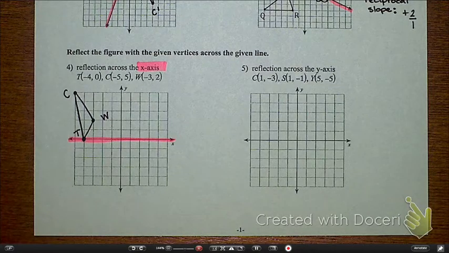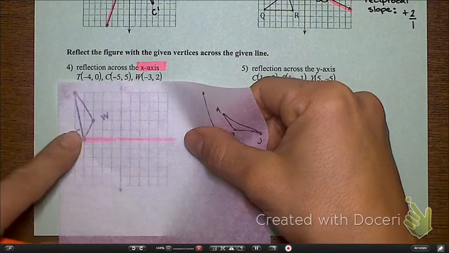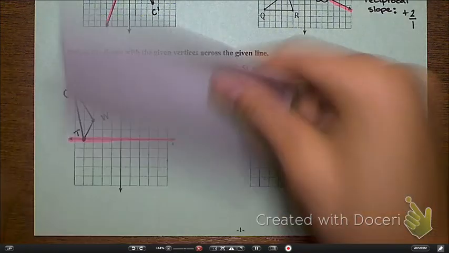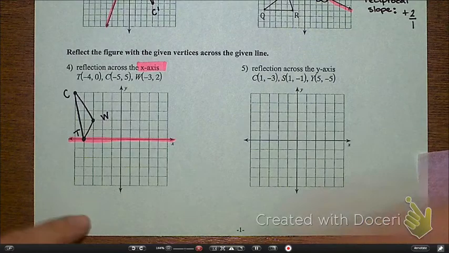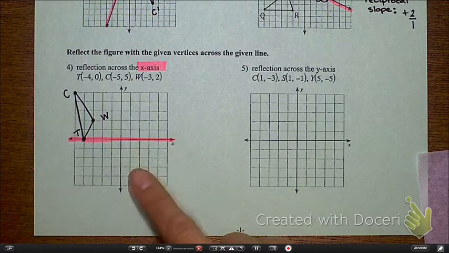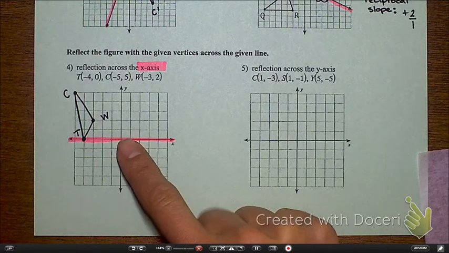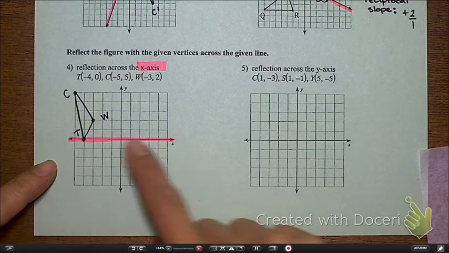Now, if you like the trace method, you're just going to trace your line of reflection and the shape and then flip it over, right? Okay, so if you want to do tracing, you can do tracing now. If you want to do counting, this one's actually pretty easy to count. What kind of line is perpendicular to a horizontal line?